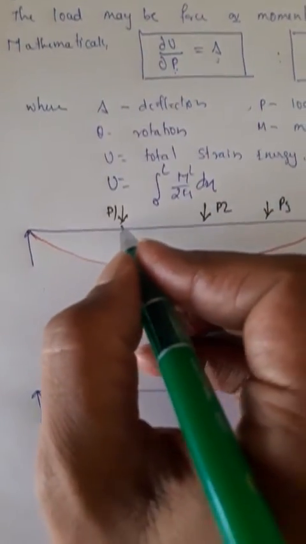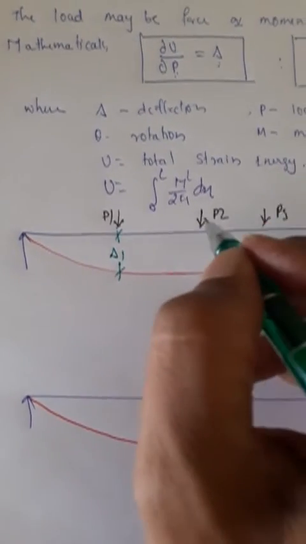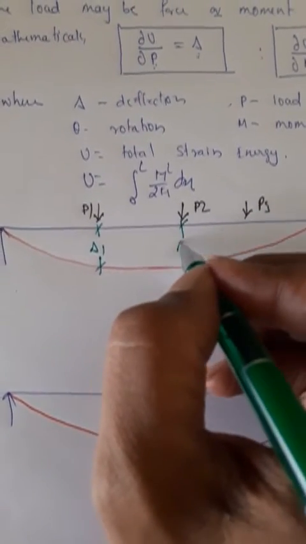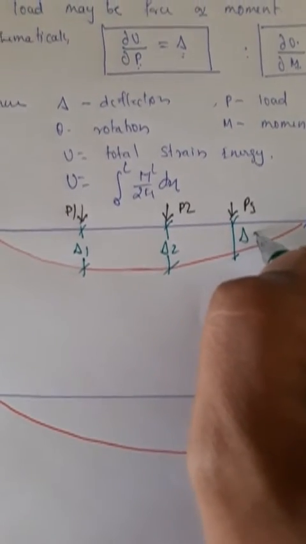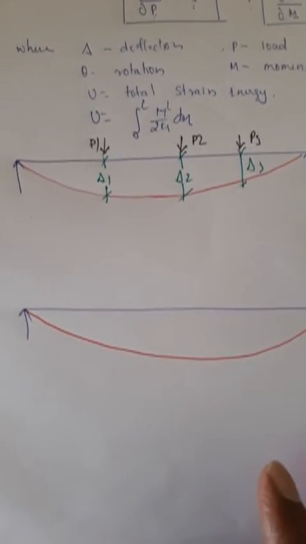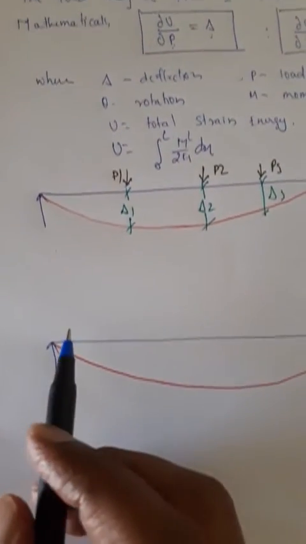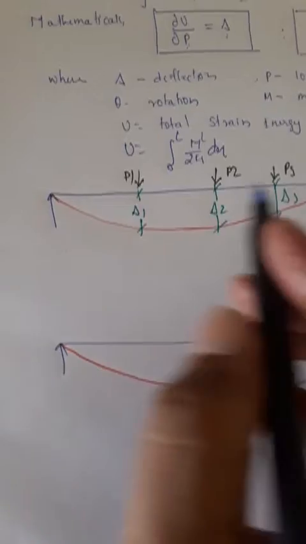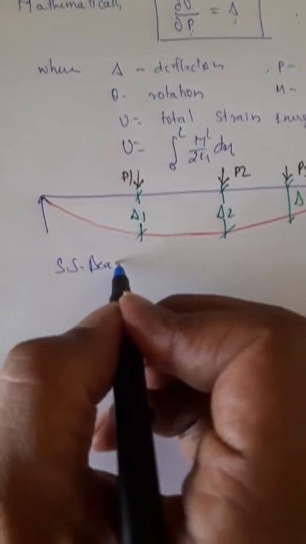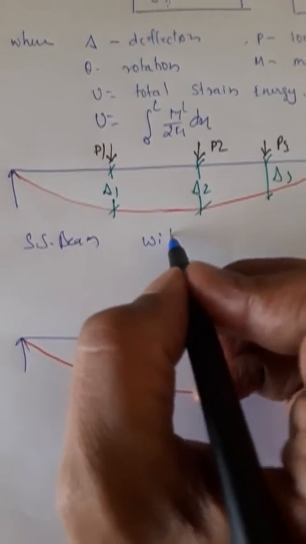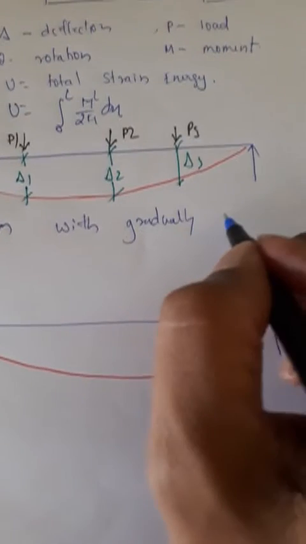Let the deflection at P1 be delta 1, at P2 deflection is delta 2, and at P3 deflection is delta 3. This is the case when we are applying the loads P1, P2, P3 gradually. Simply supported beam with gradually applied loads.